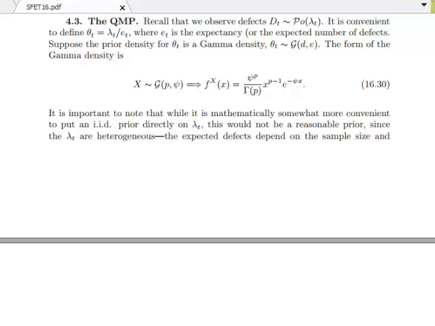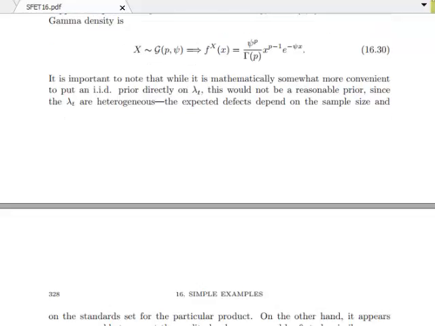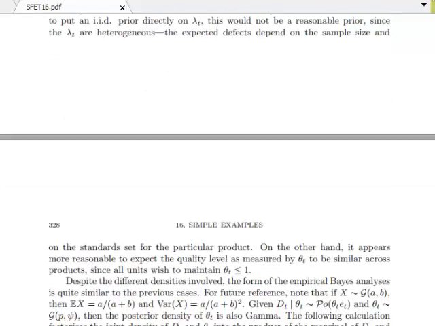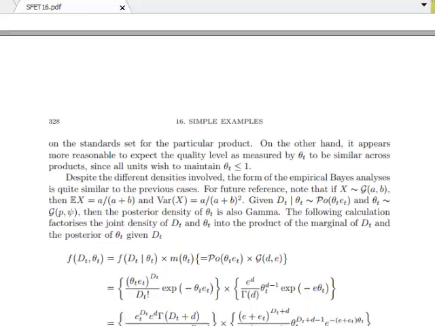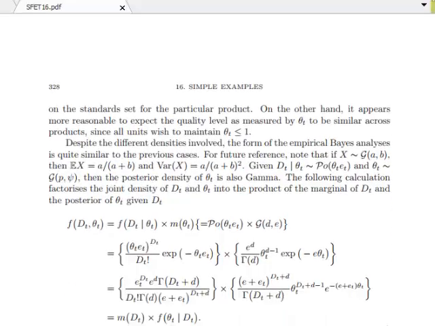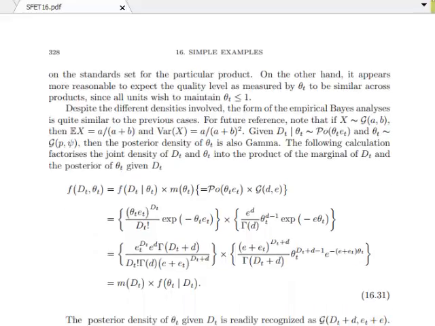You want the same number of units to be defective, the same level of quality across different processes, even though the intrinsic physical characteristics of the process determine lambda. E has to do more with the product itself, and so it has a more homogeneous distribution. So we put the prior on E. These are all practical considerations which come up in real world situations as to how to put the prior.